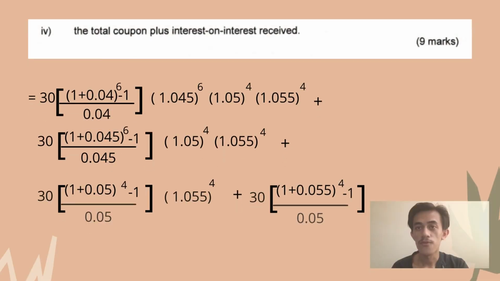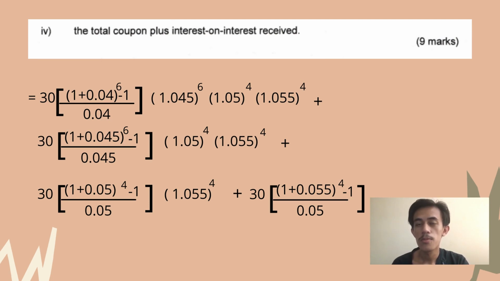For question number 4, the total coupon plus interest on interest received. To get this, first we need to find the reinvestment interest. To know the percentage of reinvestment interest, we can look at the data information at reinvestment. So we can get the K for the reinvestment interest.